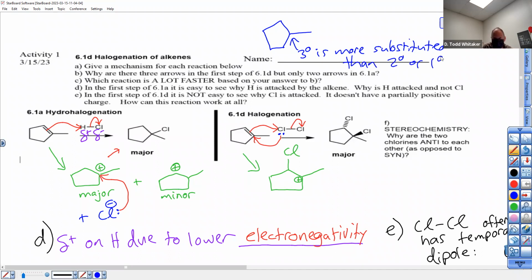So when I say substituted, it's basically the one with the higher degree, isn't it? That's all it means. More substituents, carbon groups, okay? So we come back with the blue electrons, come back to the more substituted carbon, and we have a question.